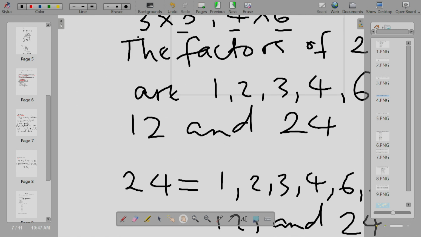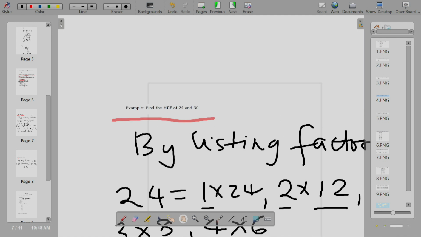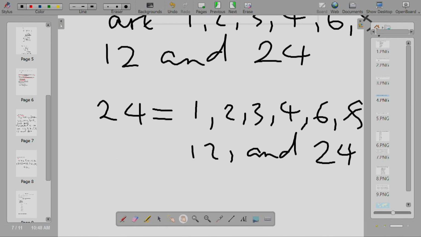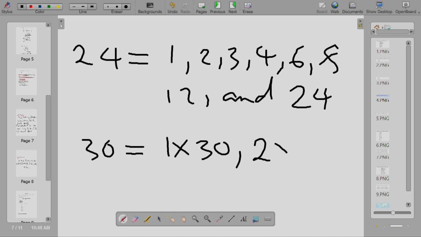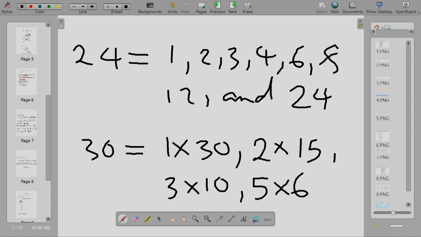Also, let's find the factors of 30. 30 is equal to 1 times 30, also equal to 2 times 15, also equal to 3 times 10, also equal to 5 times 6.